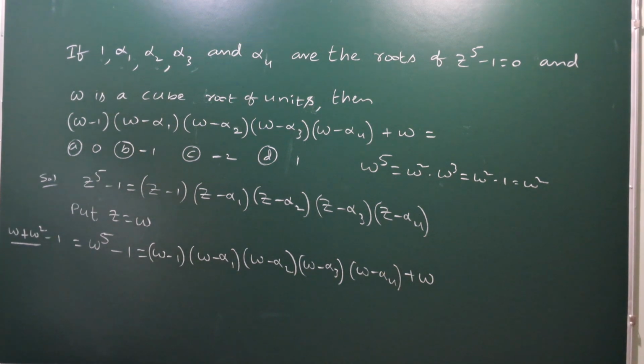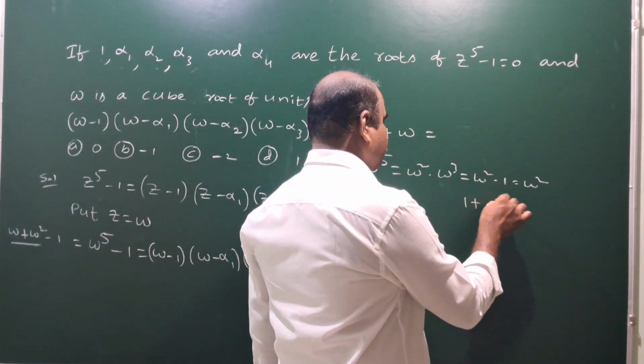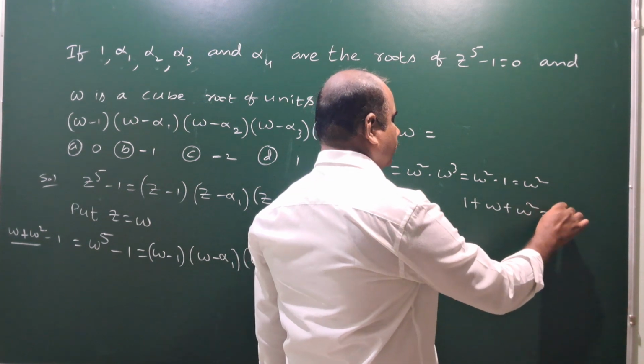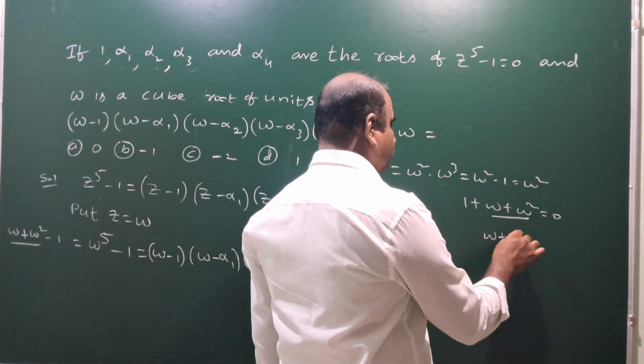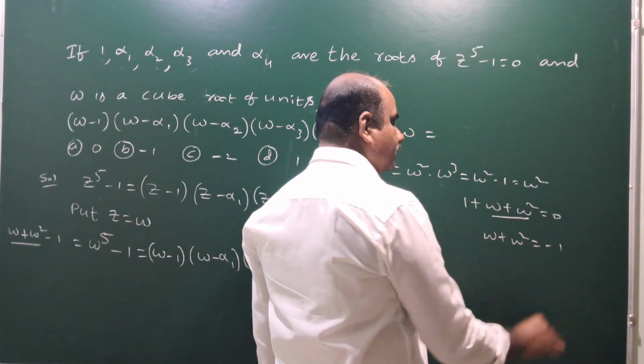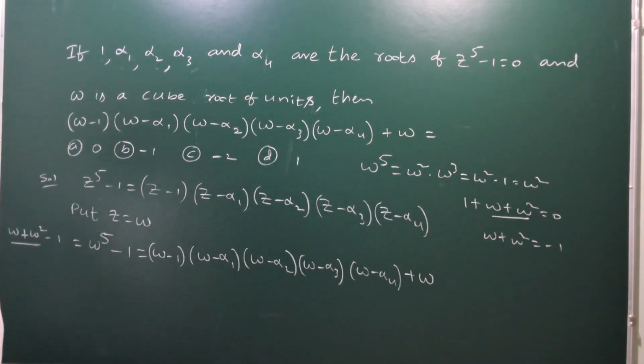Since 1 + omega + omega square is equal to 0, therefore omega plus omega square is nothing but minus 1. Transposing 1 to the right side, it becomes minus 1.